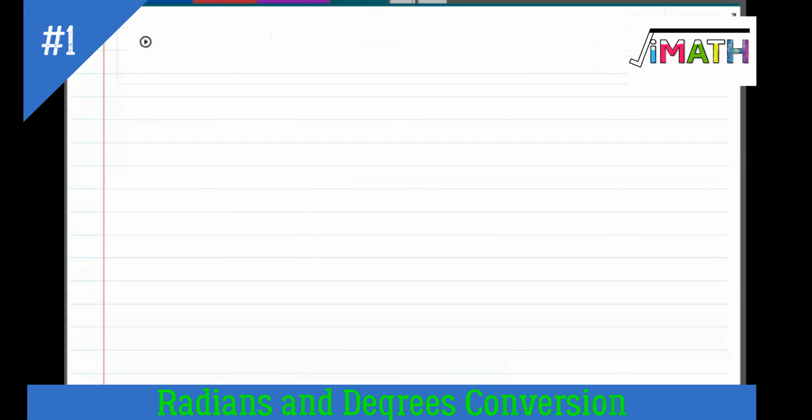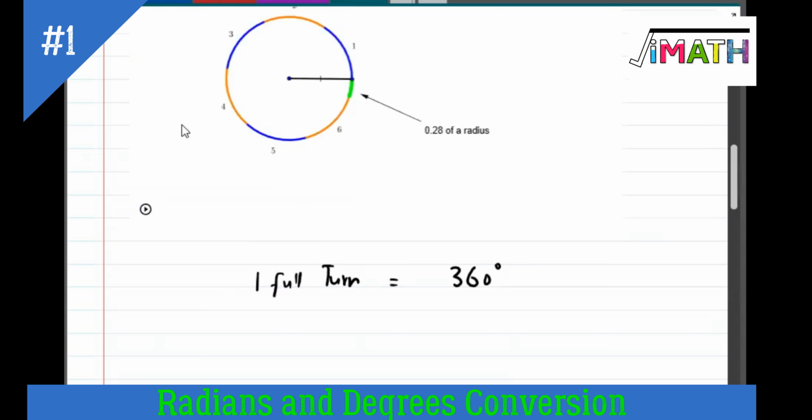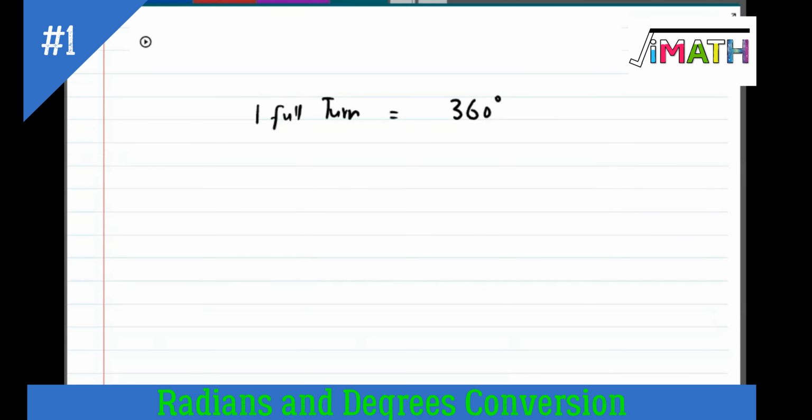Now you need to be watchful here. One full turn of a circle, in degrees, is 360 degrees, right? And this part is actually 0.28 of the radius. We have been talking about the degrees. Now we'll talk about the radians.